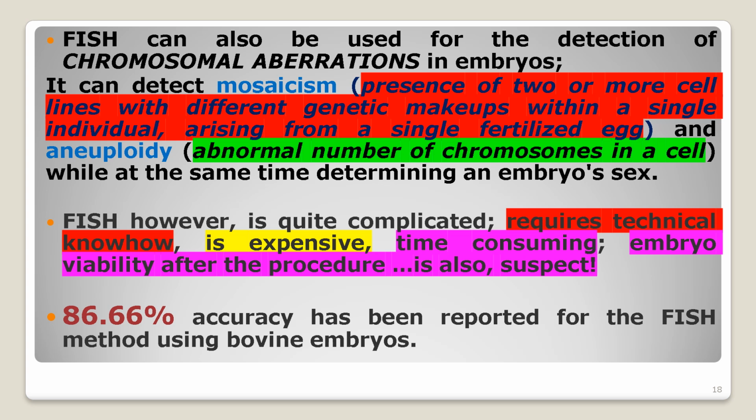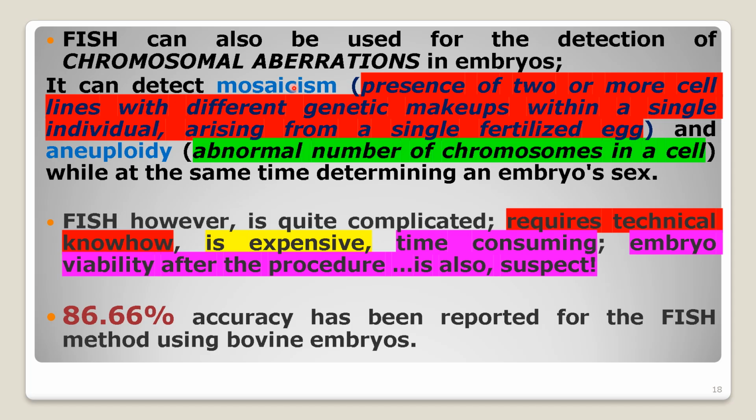So apart from embryo sexing, the FISH process can also help in detecting aberrations in the chromosomes of the embryo. For instance, it can detect what is known as mosaicism. Mosaicism is the presence of two or more cell lines with different genetic makeups within a single individual, and this comes about from a single fertilized egg.